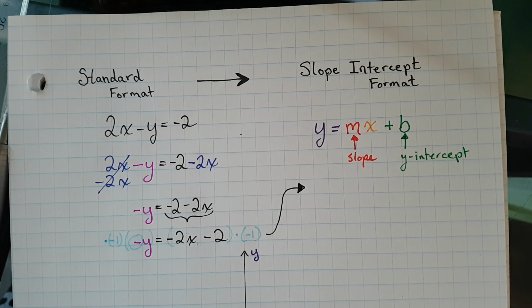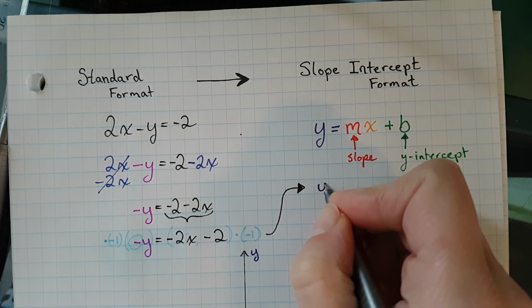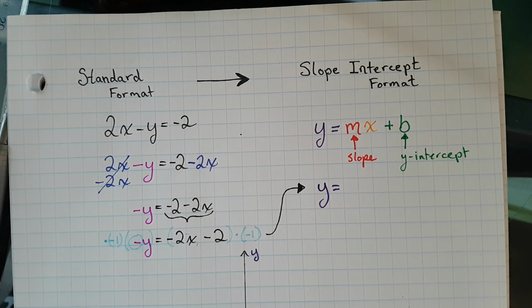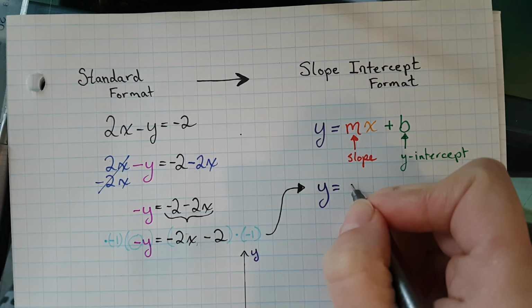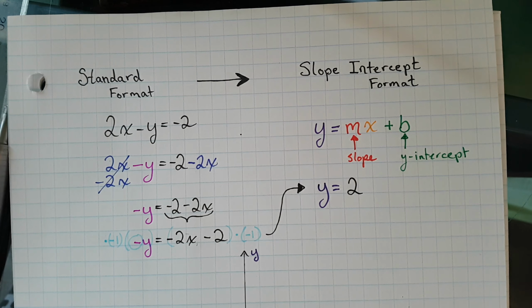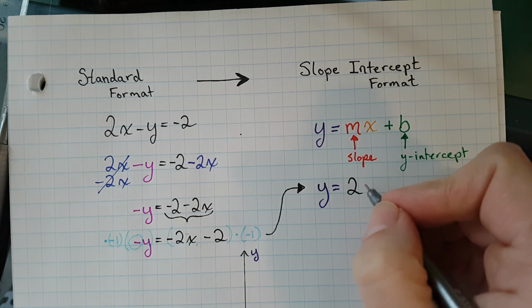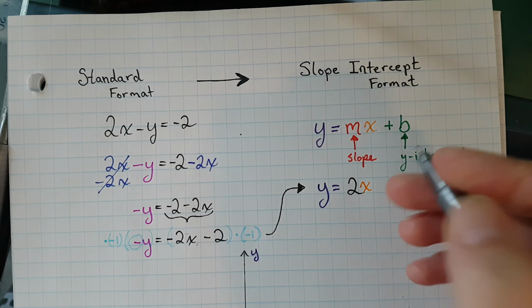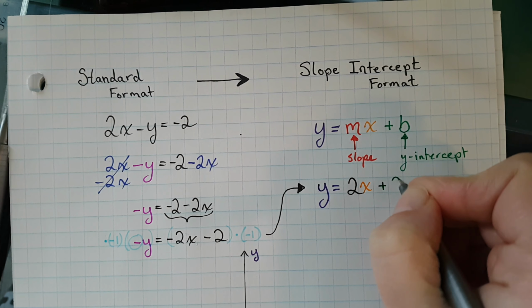So I have, same as that form here, your y, and it equals, now I'm taking that minus 1 and timesing it through, so I get 2x plus 2.